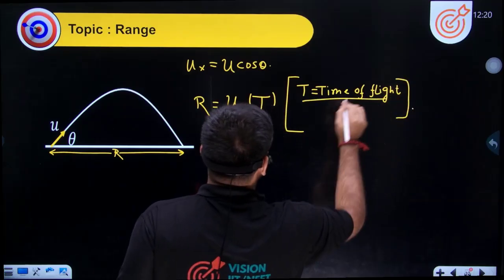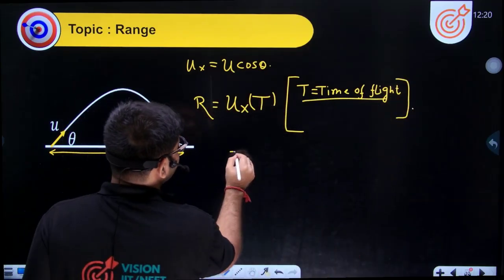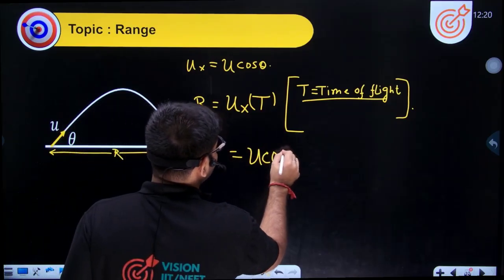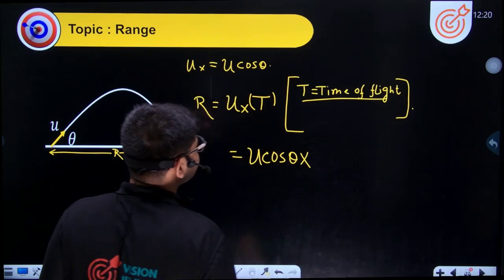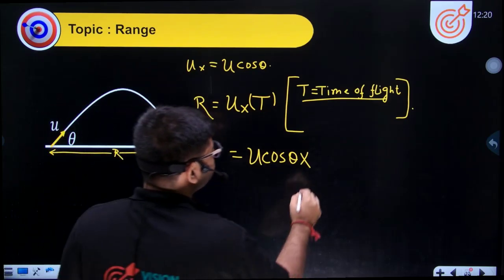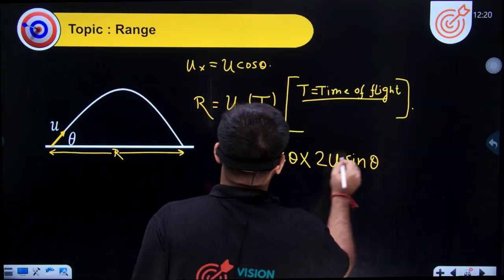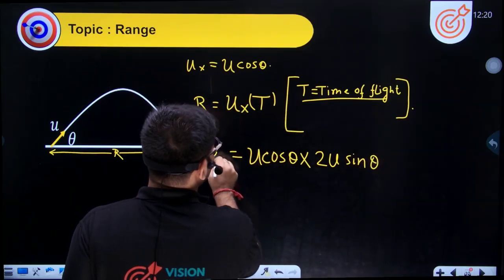हम लोग बोल सकते हैं इसको. So just you put the value here, u cos theta into what was our t value, time of flight, 2u sin theta, है ना, by g.